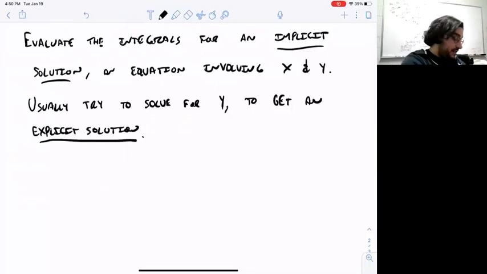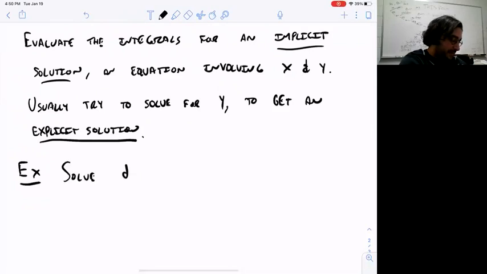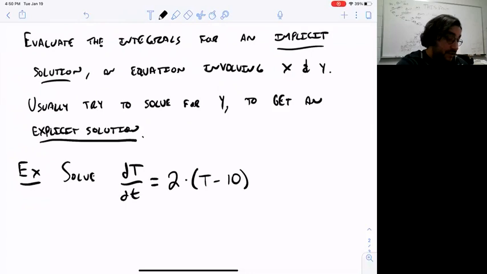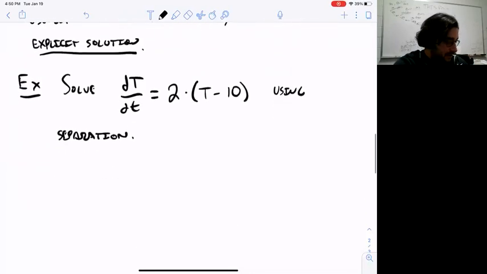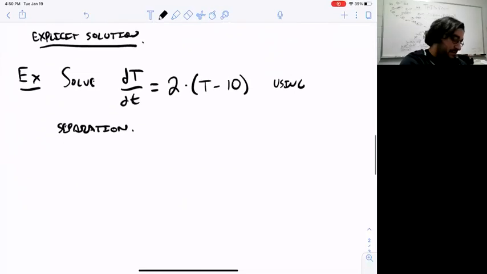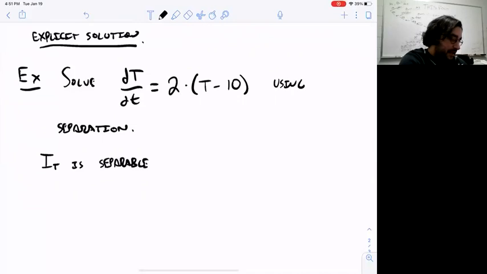Let's look at this in an example. In my what-is-differential-equations video, we looked at this differential equation. Let's solve this using separation of variables. First notice it is separable because that right-hand side factors.